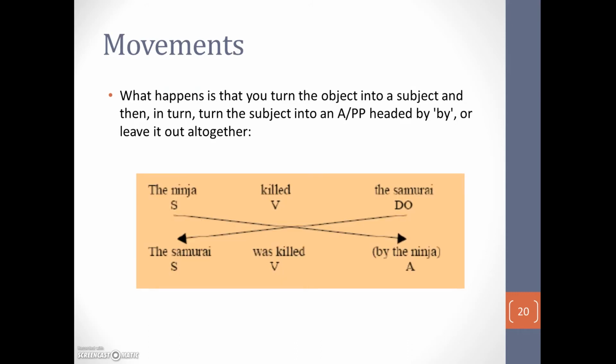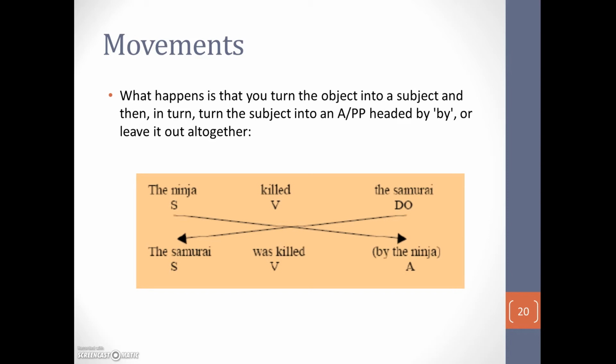So what happens is that you turn the object in the active sentence into a subject, and then you turn the subject in the active sentence into an adverbial headed by by, or you leave it out altogether. And we can see this on the figure. At the top we have the active sentence, the ninja killed the samurai, and at the bottom we have the passive voice construction, the samurai was killed. We can see that in the active voice clause, the samurai is a direct object.